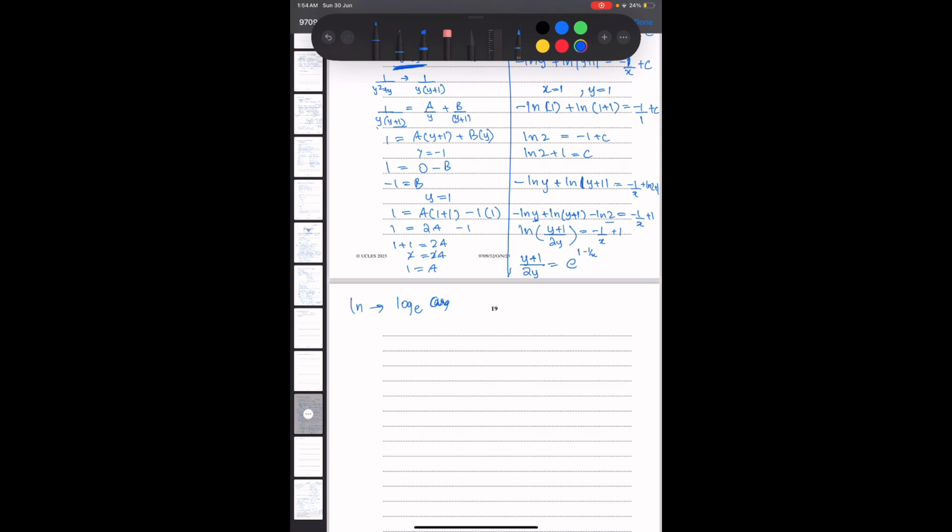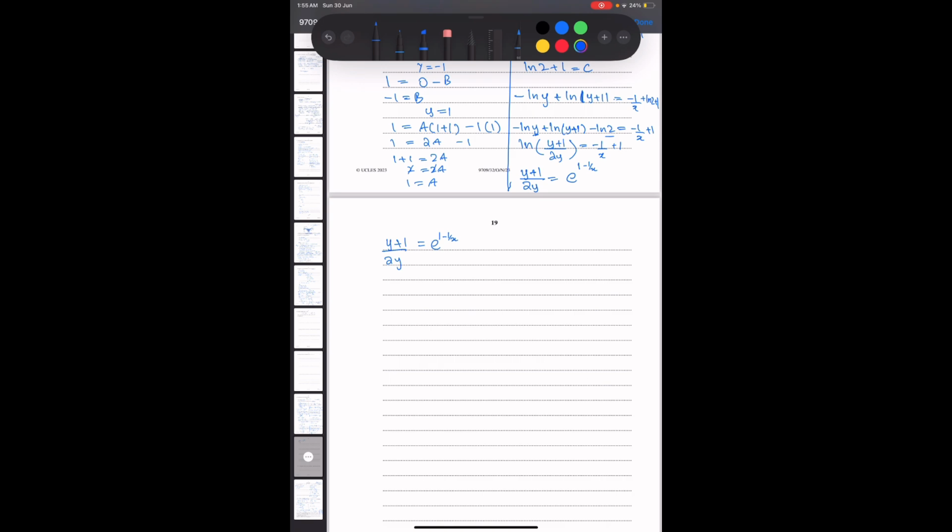So this can basically be written as that argument is equals to e raised to the power, and in the power we write the term on the other side. So basically this is what I did over here. y plus 1 upon 2y is equals to e raised to power 1 minus 1 upon x.